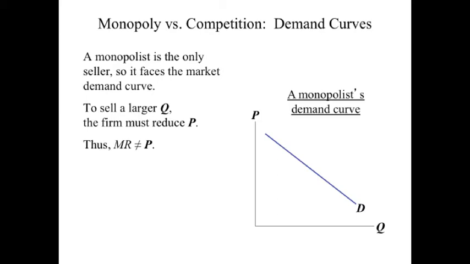But if you lower the price to $24, it's not just that extra customer who's getting the product for $24. Every other customer used to be paying $25. Now they pay $24. So your marginal revenue has to take that into account. Yes, you're making the extra sale, but every other customer you had is now paying a little bit less as well. So the marginal revenue will be lower than the price for a monopolist.